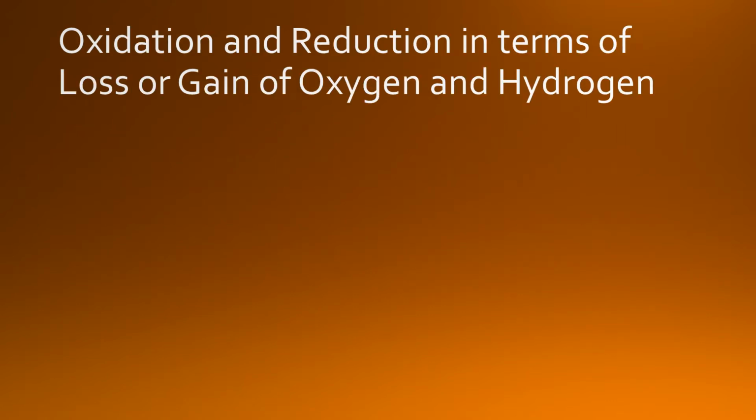Now, oxidation and reduction in terms of the loss or gain of oxygen and hydrogen. In this we can see the example of the reaction between ferric oxide and carbon monoxide, and the products are iron and carbon dioxide.